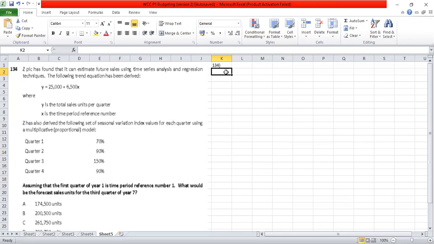Let's write what is the equation. Y is equal to 25,000 plus 6,500x.